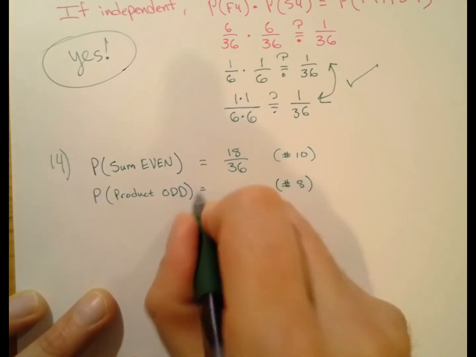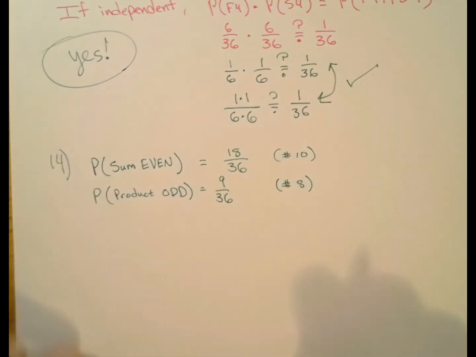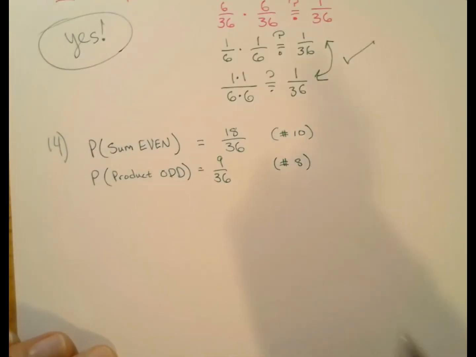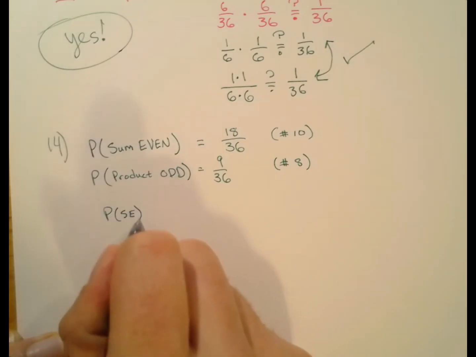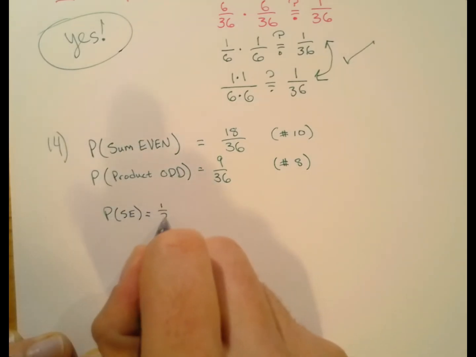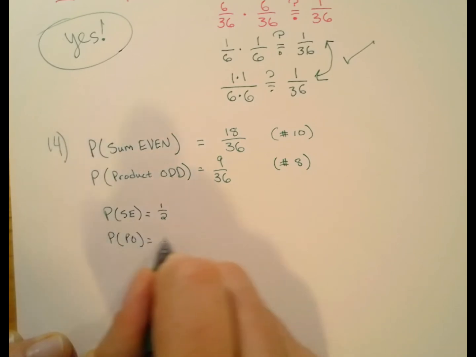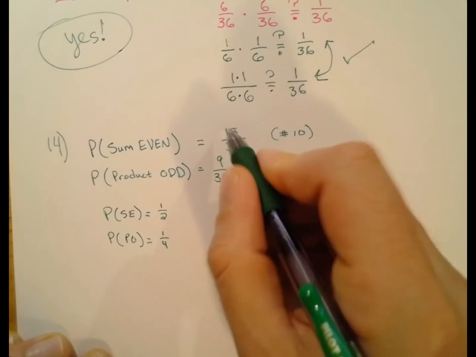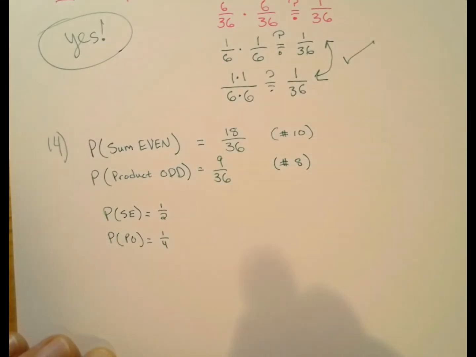That is 9 out of 36. And these simplify. 18 over 36 simplifies to 1/2. 9 over 36 simplifies to 1/4.